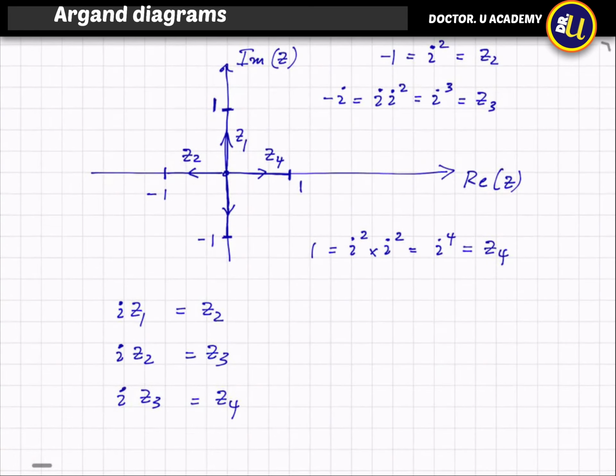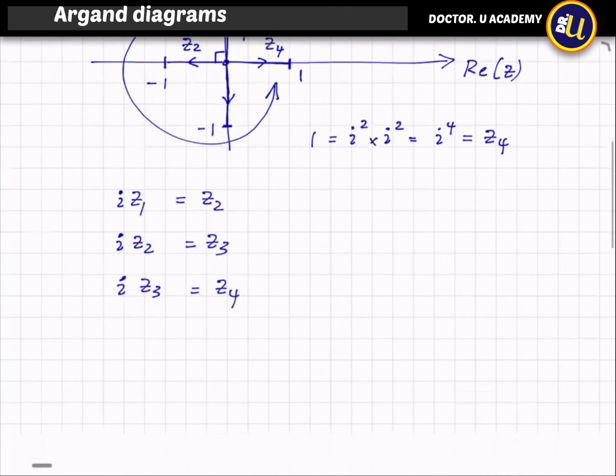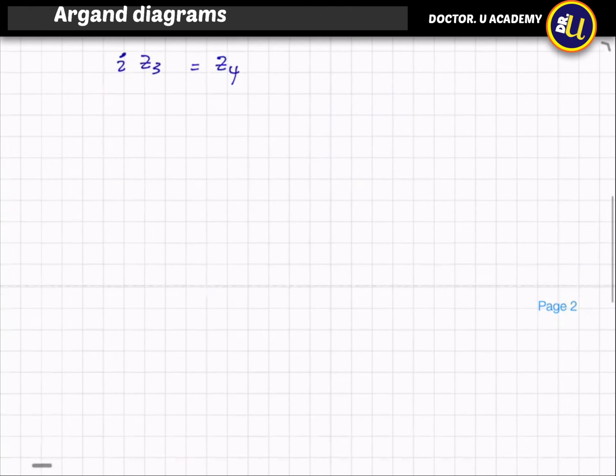The complex number is having an anti-clockwise rotation, like this way. You can see z1 to z2. When you multiply by i, you get z2. But importantly, when you multiply by i, the rotation is always by an angle of 90 degrees.